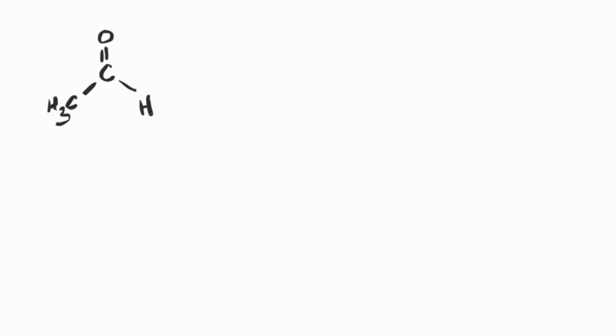All right, let's do another example of oxidation state. Here we have an aldehyde. Let's first take a look at the relationship between the carbon and the oxygen. Remember that the oxygen is more electronegative. So both of those bonds, or 4 electrons, belong to oxygen. Now let's take a look at the carbon and the hydrogen. Carbon is more electronegative than the hydrogen, so the 2 electrons in that bond belong to carbon, giving hydrogen nothing.